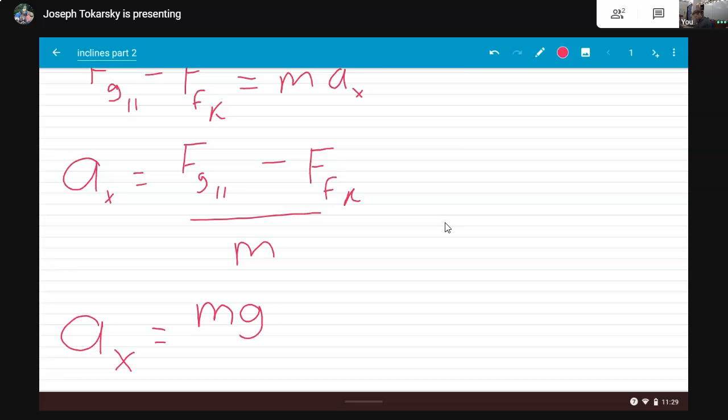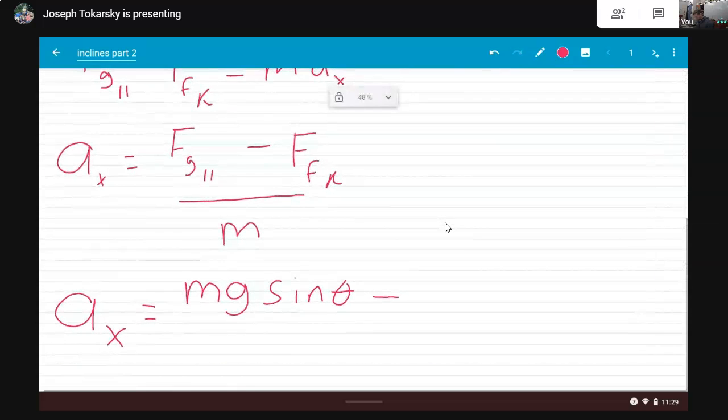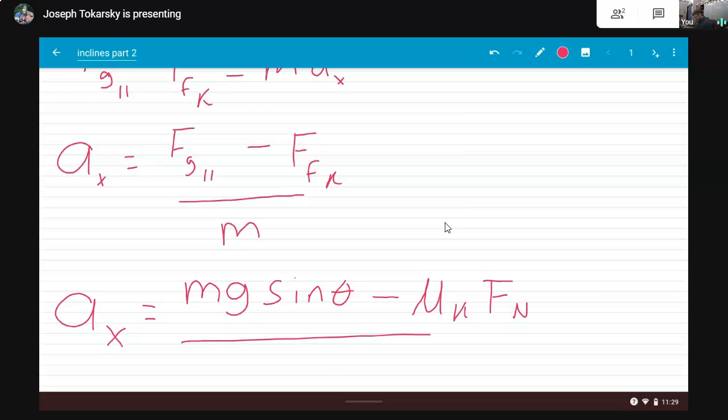That was a secondary version of the formula. So all I'm doing here is plugging in a formula from yesterday. I'm subbing that in for Fg parallel, okay? Minus the frictional force. Well, we should remember that friction is mu, and this is kinetic friction, so it's mu k times the normal force, all over m.